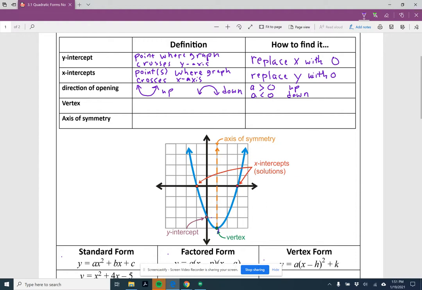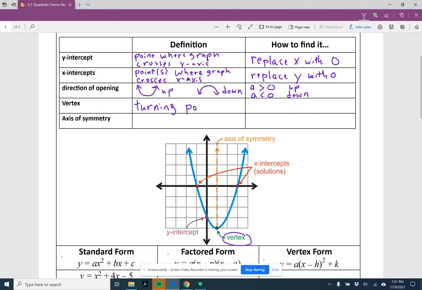The vertex, notice in this picture down here, the vertex is the point where, if we follow it from left to right, it's decreasing. At the turning point, it changes to increasing. So the vertex can be called the point where it changes from decreasing to increasing. When that parabola opens up, if it opens down, it switches from increasing to decreasing.